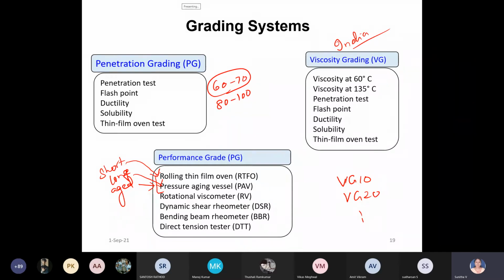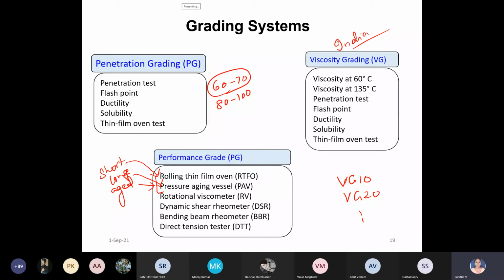All these things are replicated in the rolling thin film oven. From this test you get a sample simulated to field conditions of transportation and construction. That's the rolling thin film oven test.